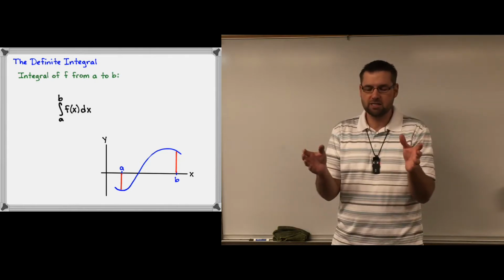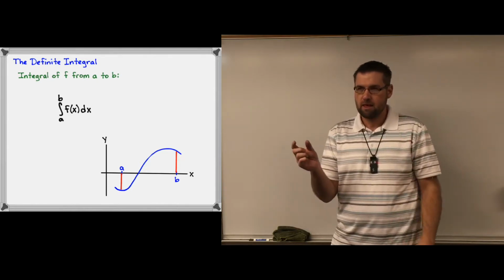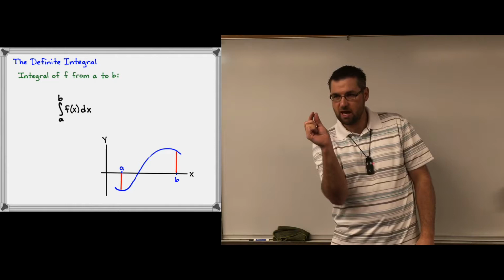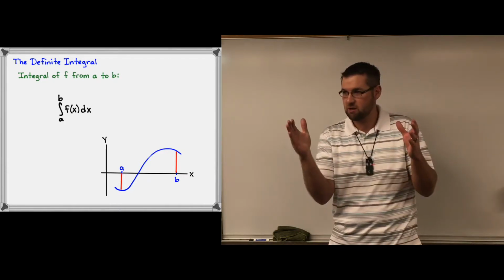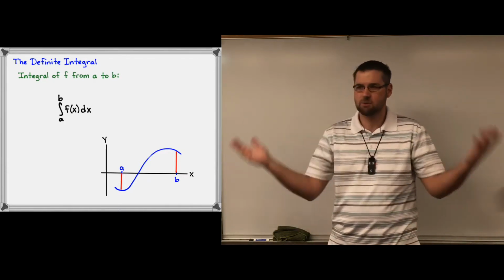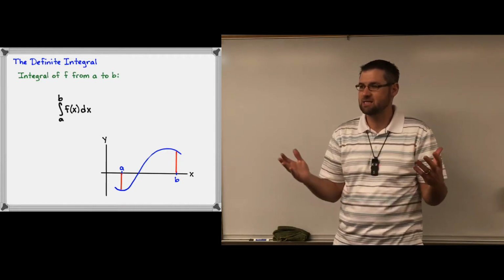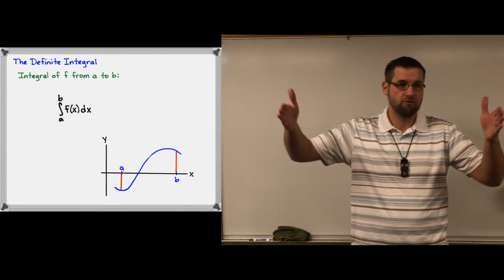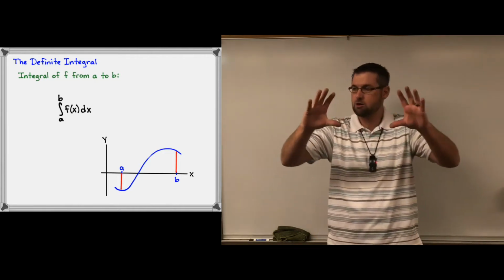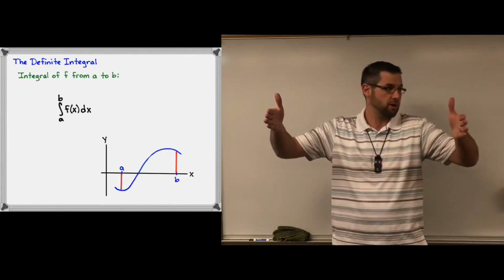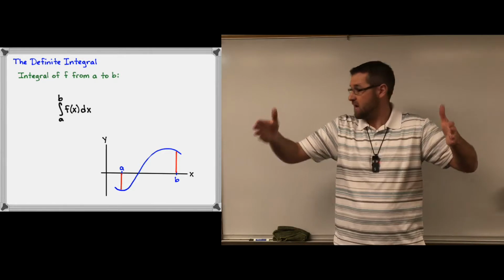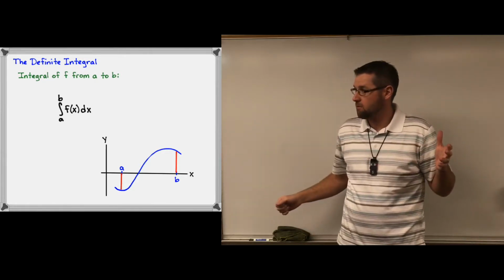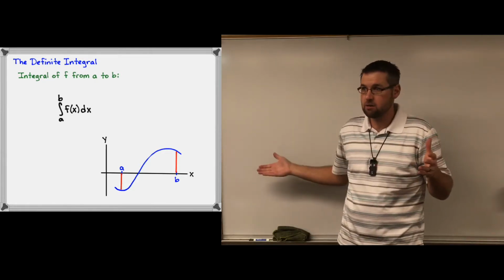But wait a minute, you guys say the change. How big is the change going to be as the number of rectangles approaches infinity? It's approaching 0. So that's irrelevant too, because that's the same in all of them. We need to know where we're trying to evaluate the integral from. We were looking for the area under the curve from this point to this point, right? So what is the starting point here? A, and what is the ending point? B.